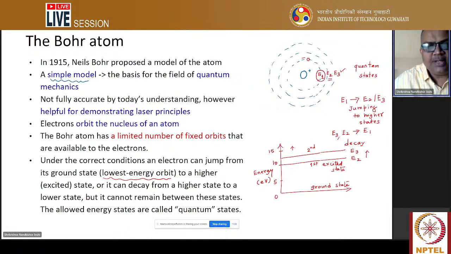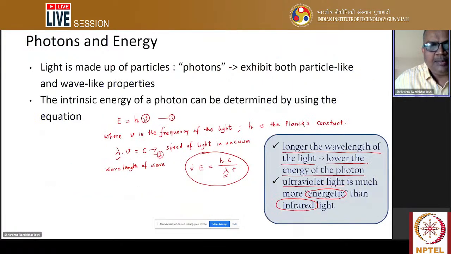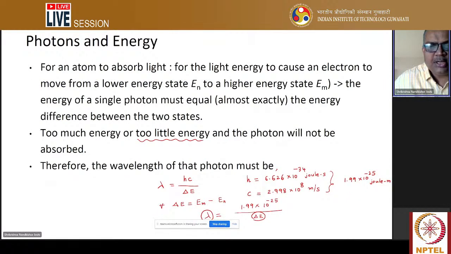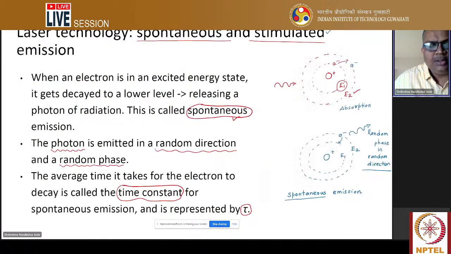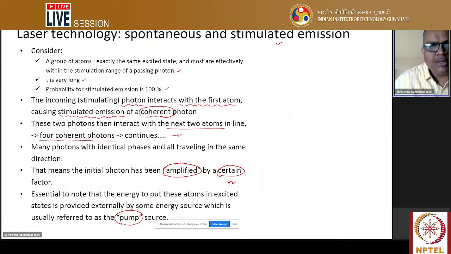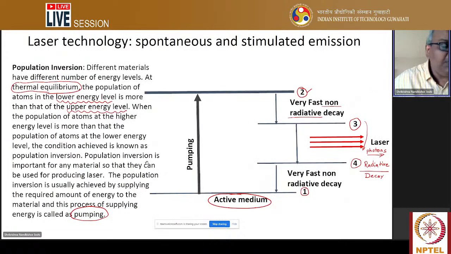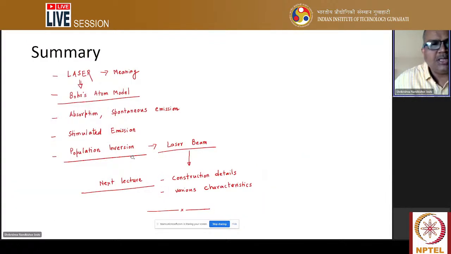A lot of other advanced theories are also available, but we took a very simple and basic model of the laser energy formation based upon the Bohr's atom, then the concept of photons and energy, and the meaning of spontaneous and stimulated emission. Moreover, the very useful concept of population inversion, which is very basic as far as laser technology is concerned.